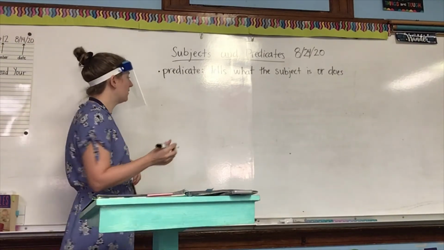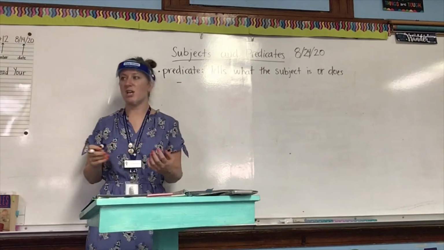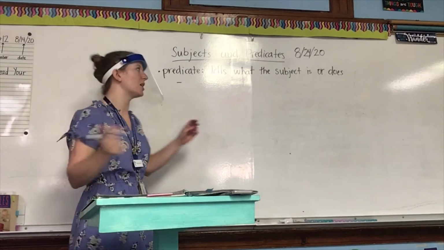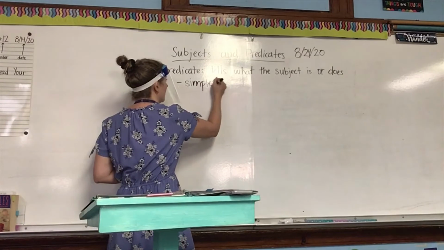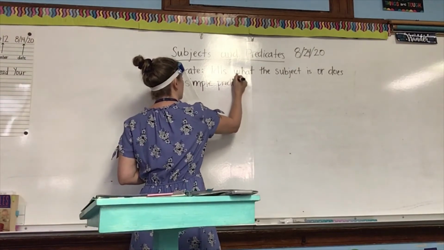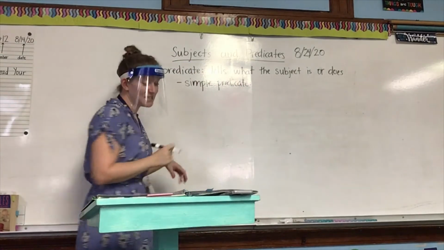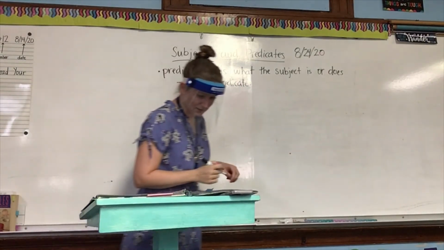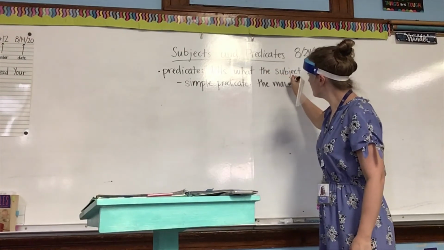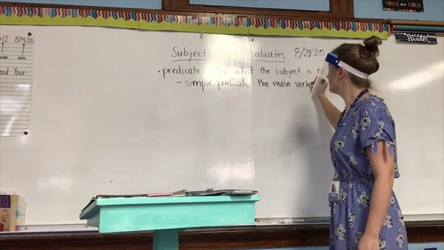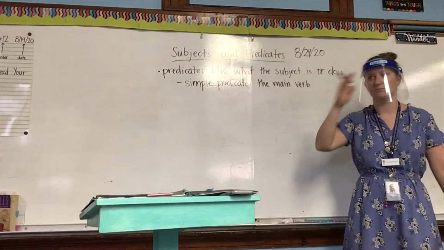Okay. Okay, so the predicate. Well, now, there's a simple subject and a complete subject. Well, there is also a simple predicate and a complete predicate. Well, the simple predicate is the main verb, which remember is an action or the word is, are, am, whatever.